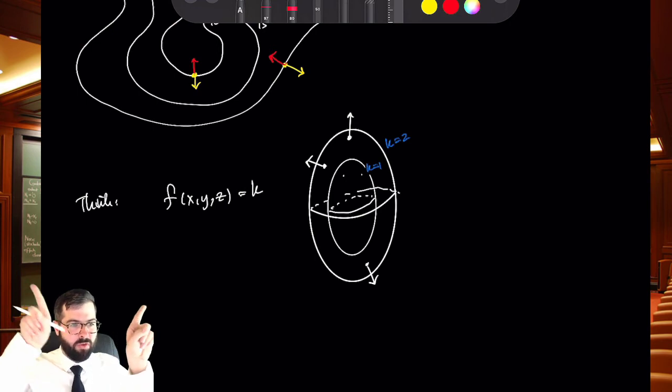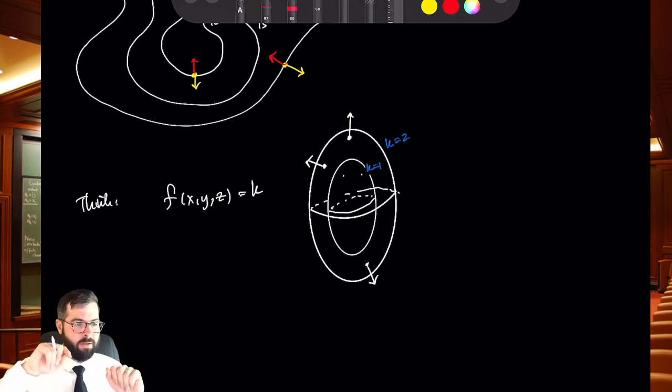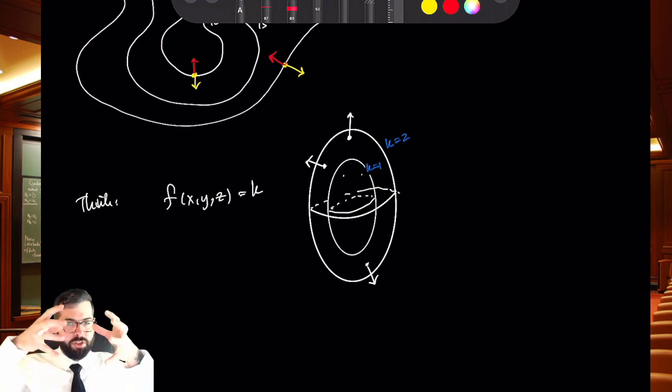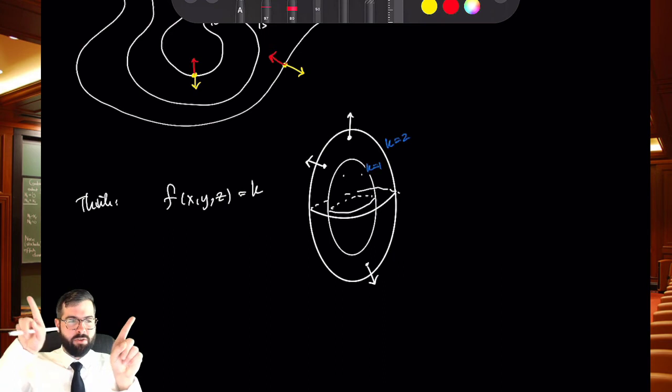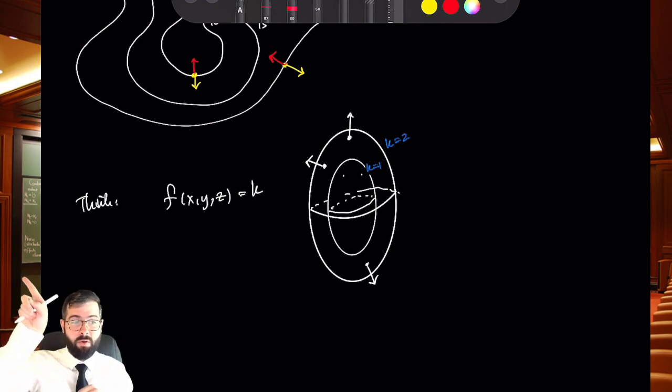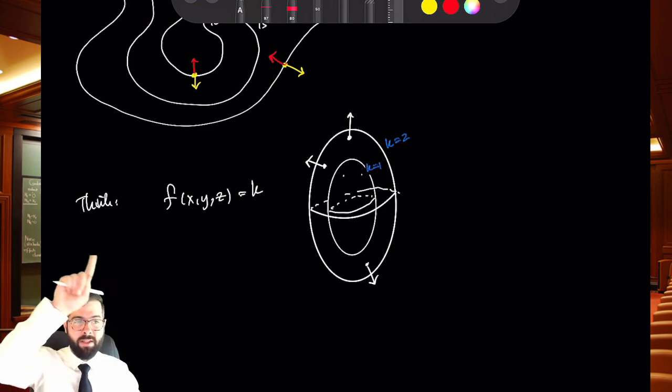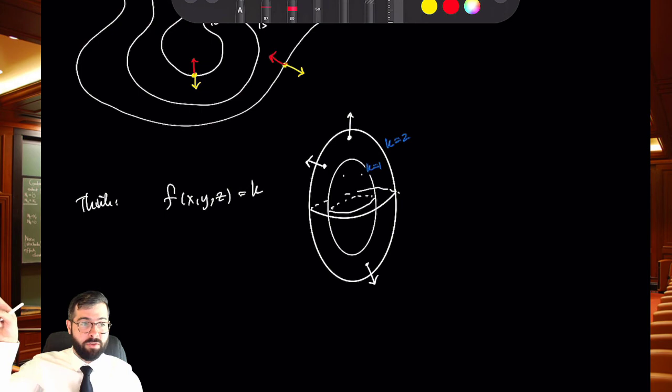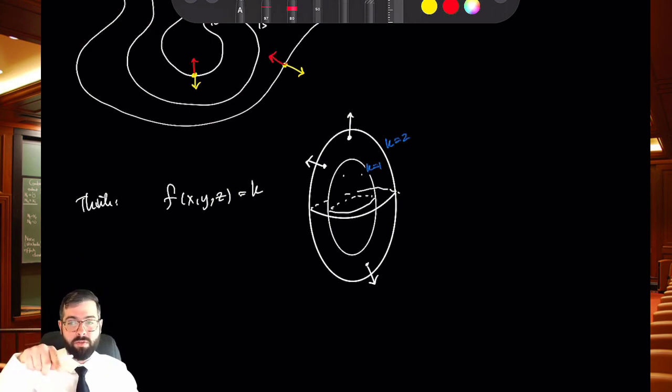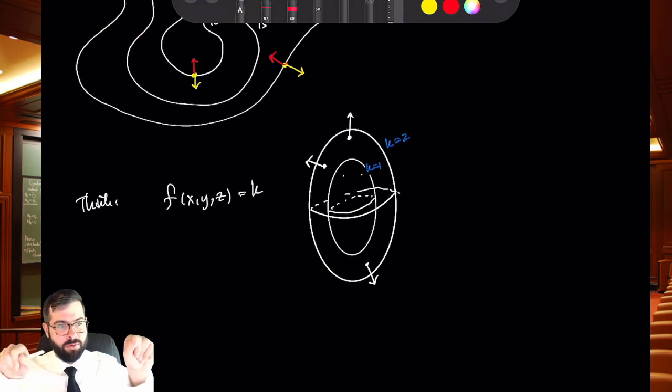It's normal to the surface that you're on. So you can think about those like Russian nesting dolls, right? If that's your input space, what's the fastest way to get from one to the next? Well, if you're on the surface of one, directly out normal to the surface that you're on. So that's what the gradient tells you at each point, the direction of maximal change. So for a 3D like this, it's out. On a 2D level surface or curve like this, it's 90 degrees to the level curve.